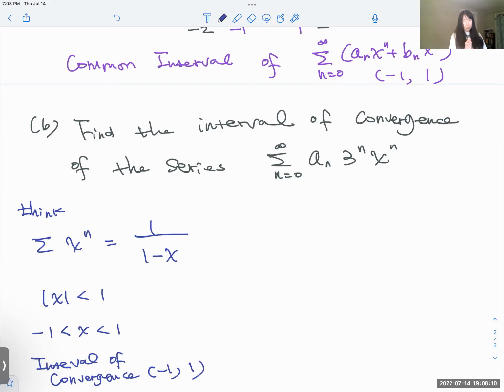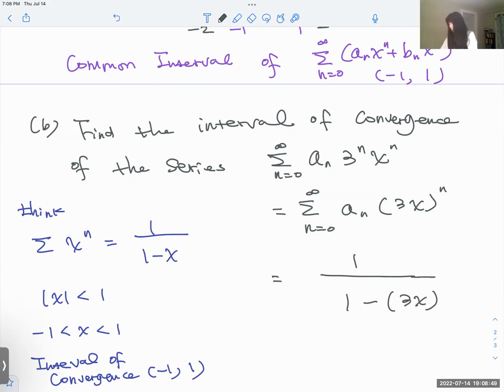So we're going to make this a form, which is the summation from n equals 0 to infinity of a sub n, and we have 3x to the n power, right? Because they have the same n power. Now we can see that this will be 1 over 1 minus 3x.